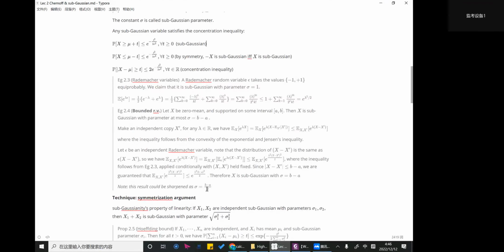Here, the technique is the symmetrization argument.